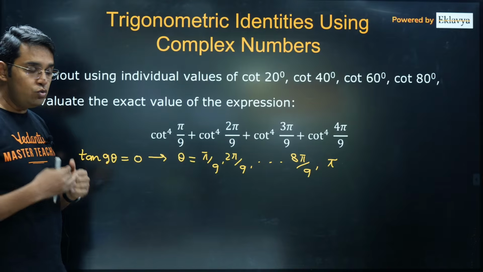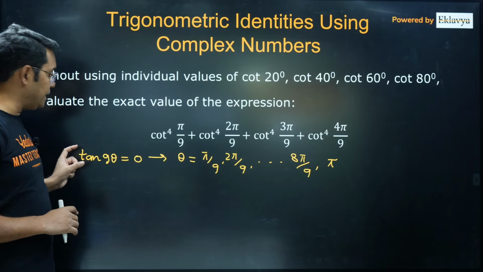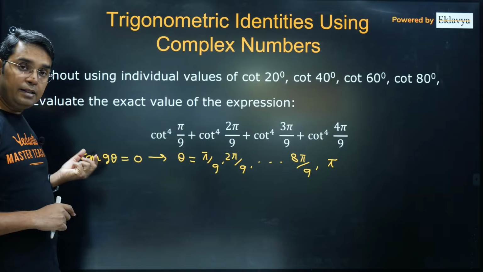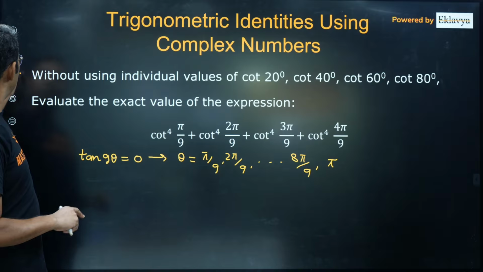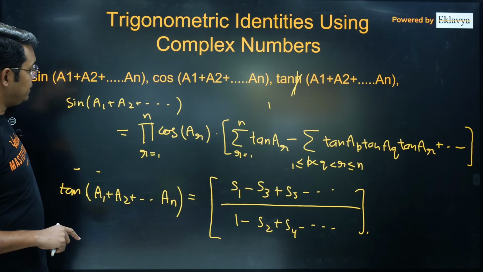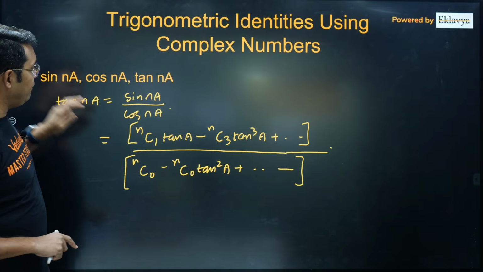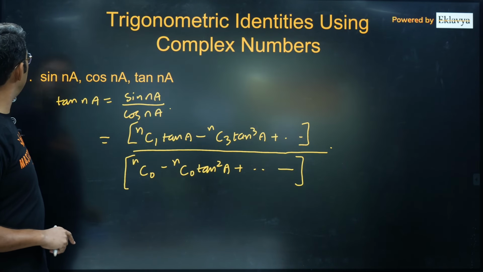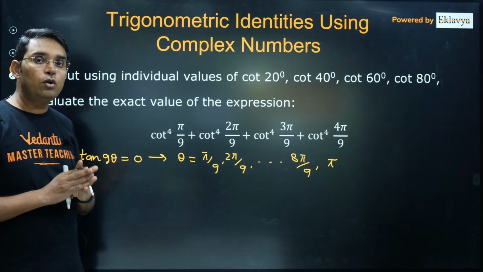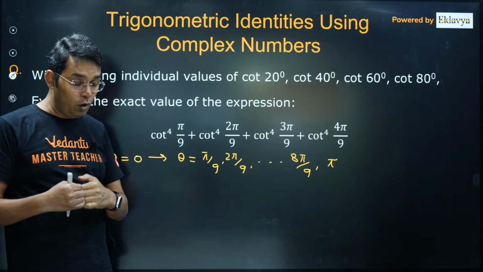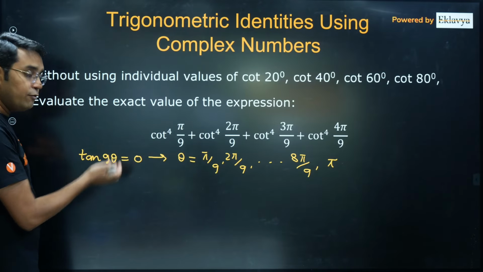My plan is to get a polynomial equation in terms of tan theta, and how the tan theta polynomial can be created, now you know it, because we know the tan 9 theta formula directly, isn't it? I think this is something we derived earlier, so I will be using it. And one more thing, because it is equal to 0, I need not bother about the denominator. I will be writing it directly for the numerator.